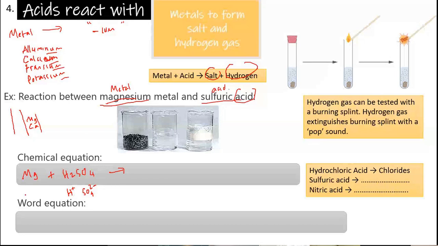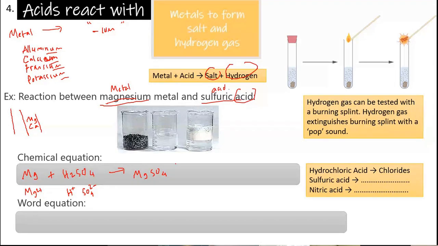So Mg is Mg2 plus. The 2 plus and 2 minus cancel each other, so the chemical formula of the salt is MgSO4.